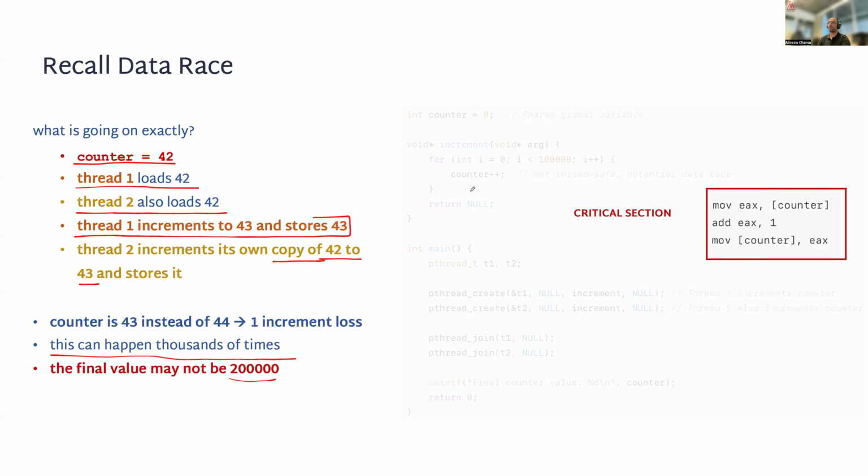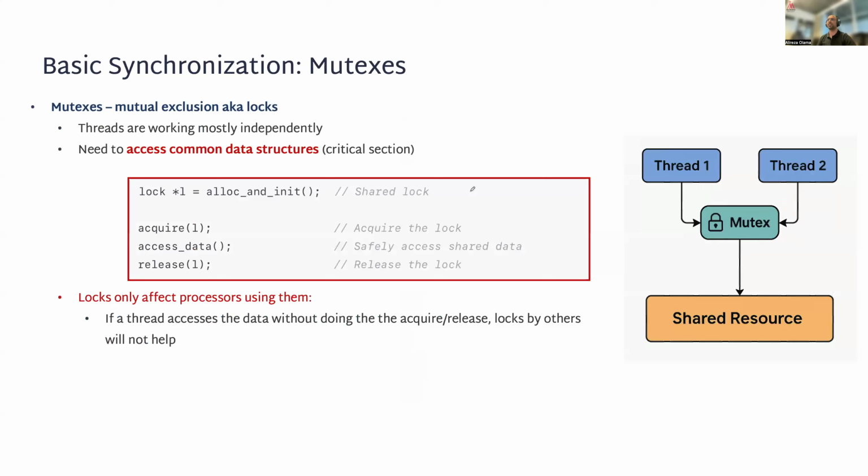All right. So let's see how we can solve this problem with synchronization. Synchronizations are building blocks introduced in operating systems and managed by the operating systems to handle data races. You can see synchronization methods under the umbrella of something called mutexes, right?